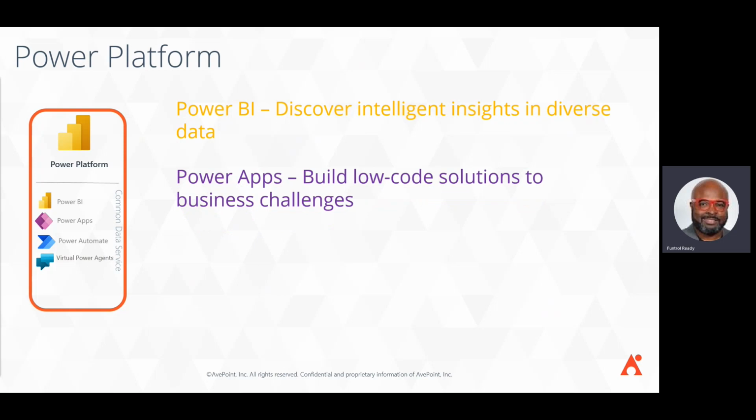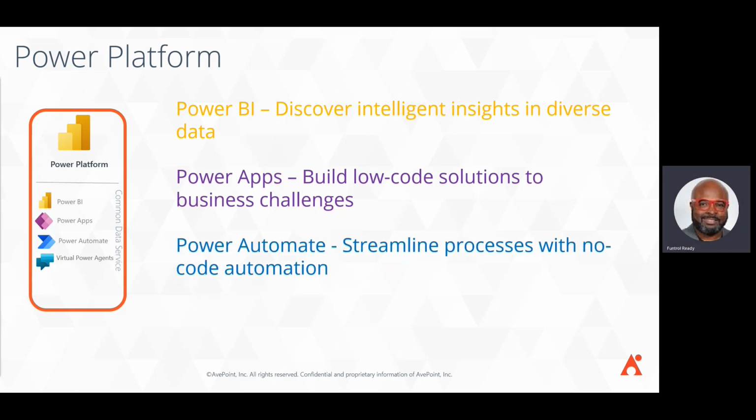Power Apps turns ideas into the organization's solutions by enabling someone to build a custom app tailored to their specific needs within the organization. Great agile way to provide that ability to the organization.